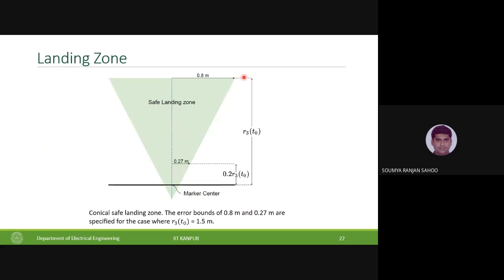Once the quadrotor is at this R3 height and is within 0.8 meters of this cone, so when it is right on the surface of this cone or within this landing zone, the landing command is initiated and it will continue to land, as long as it is in this green conical zone. The moment it comes out of this, it resets itself, goes back to the R3 height, and then once it comes within this 0.8 meters again, it comes back.